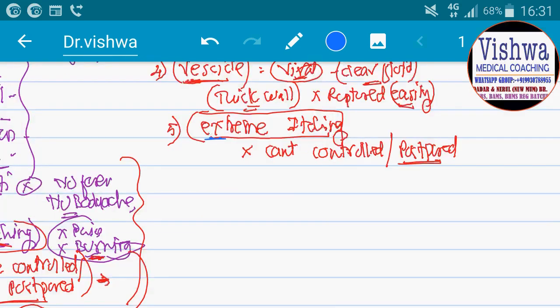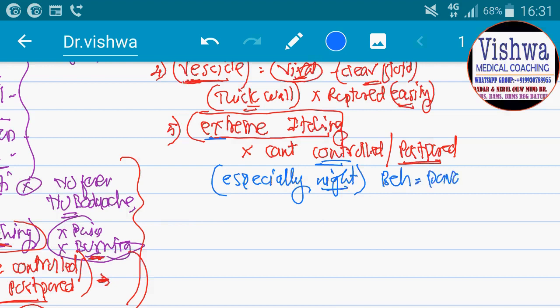The scabies itching cannot be postponed, cannot be controlled. It is an extreme itching, especially in the night, because of the behavior of the parasite: it digs the tunnel, lays the eggs there in the night, and that produces the allergic response. This becomes an extreme itching.